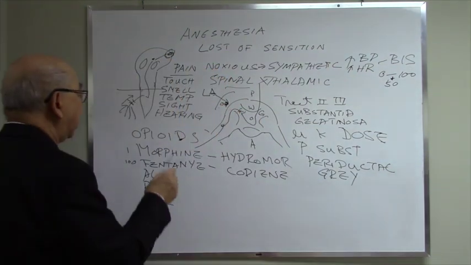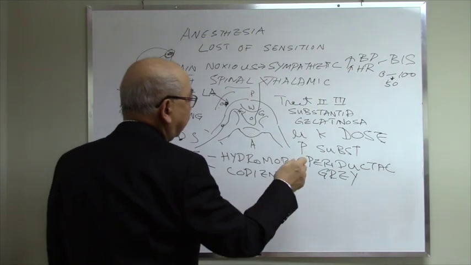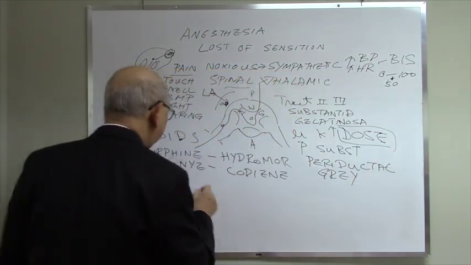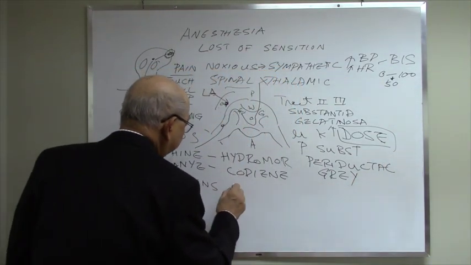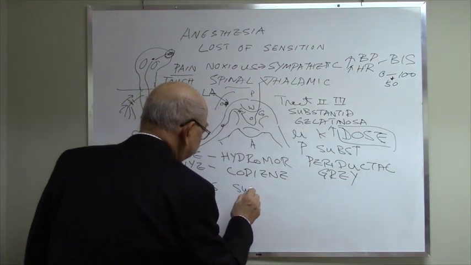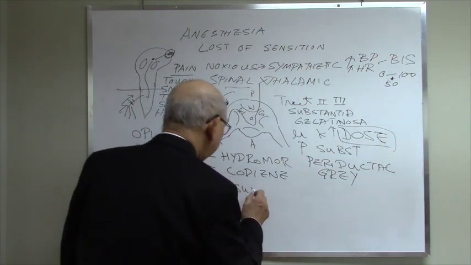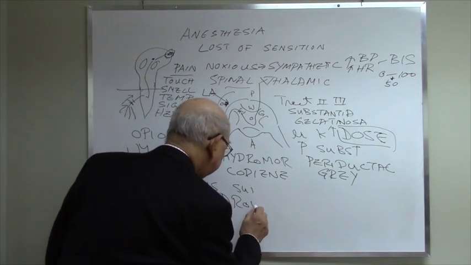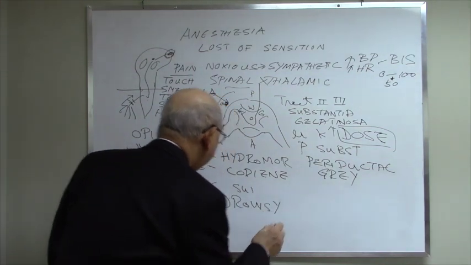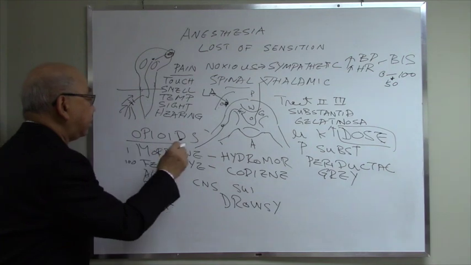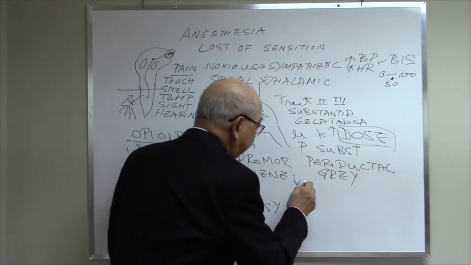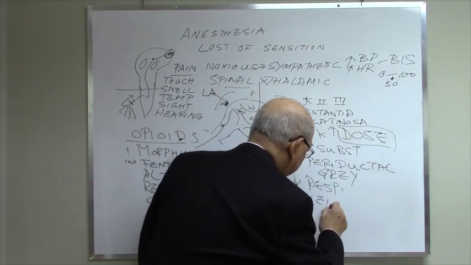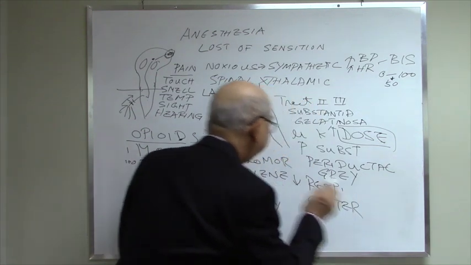Now, although it only blocks the mu receptors, as the dosage goes up, you also block some of the CNS, causing somnolence and drowsiness. This agent, opioid, also depresses the respiratory center in the cerebellum.